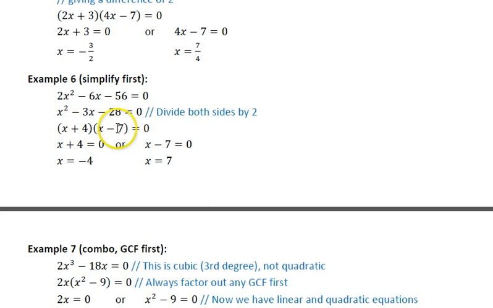We'll use 4 and 7 because they have a difference of 3. We'll pick our signs appropriately. So here we have x and x is x squared. 4 and negative 7 gives us a negative 28. And then for the middle term, we take the outers, negative 7x, the inner, positive 4x, add them together, we get negative 3x. Breaking these factors apart, x plus 4 is 0, and x minus 7 is 0. This becomes negative 4, this becomes 7.